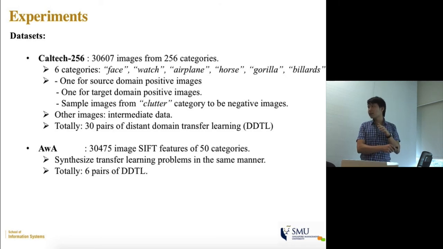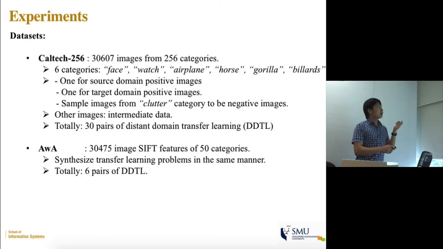So the task is classification, right? So you should have a positive side and negative side. So they pick one from one of these 6 categories to be the positive images for the source domain and the target domain. And then later they sample from another category to be negative images, and they guarantee that there are no overlapping images between the target negative images and source negative images.